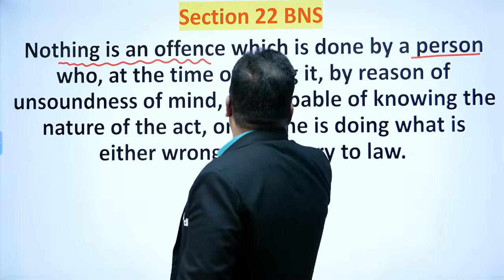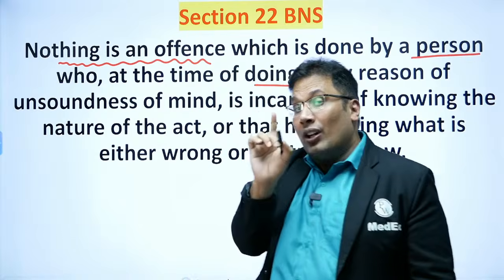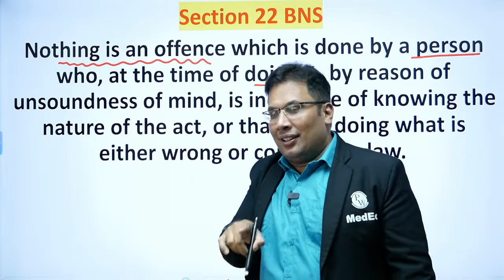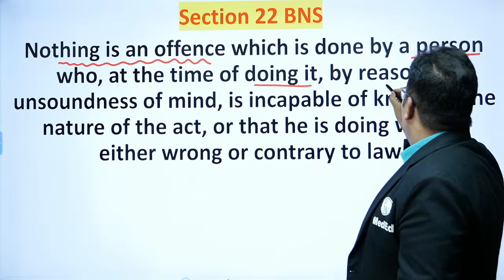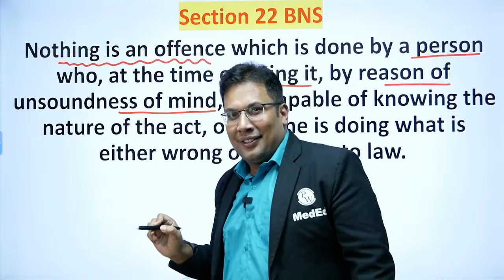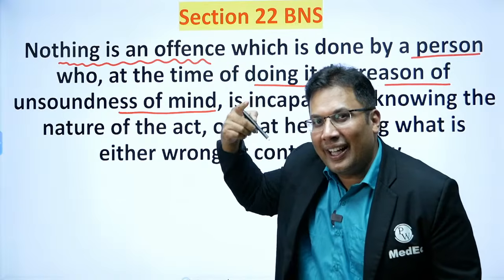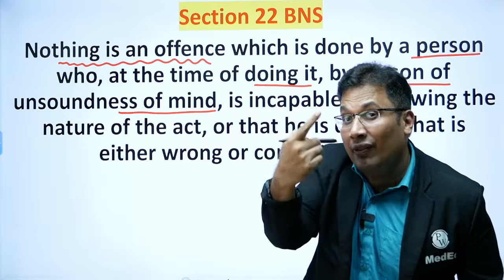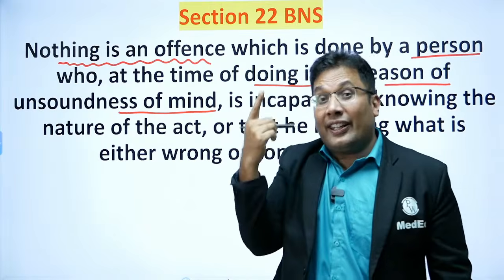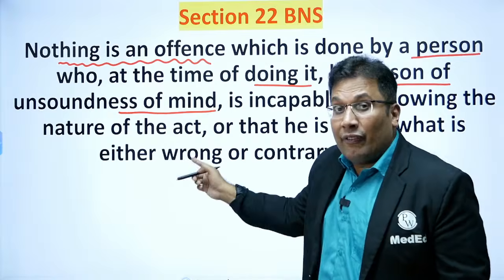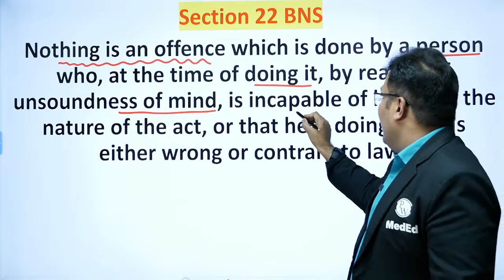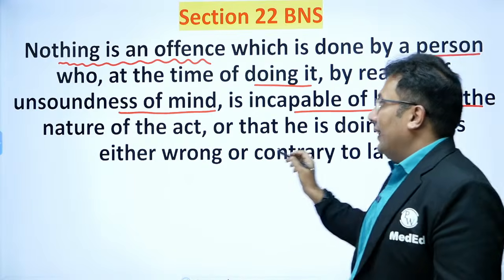Who at the time of doing it, this phrase is important, who at the time of doing it, by reason of unsoundness of mind. At the time of doing murder, grievous hurt, attempt to murder, he was suffering from schizophrenia, then it is applicable. And incapable of knowing the nature of the act.